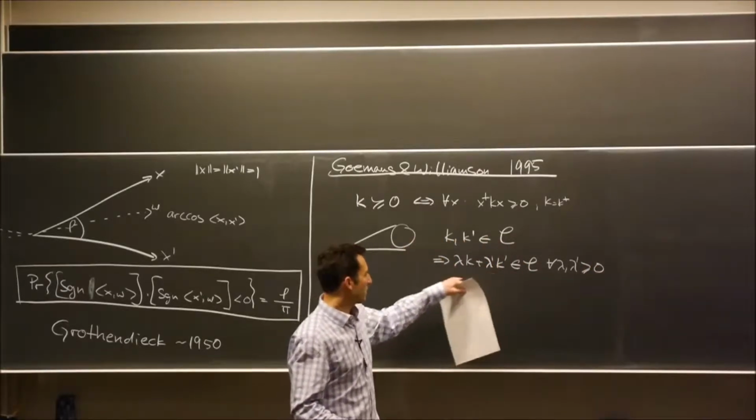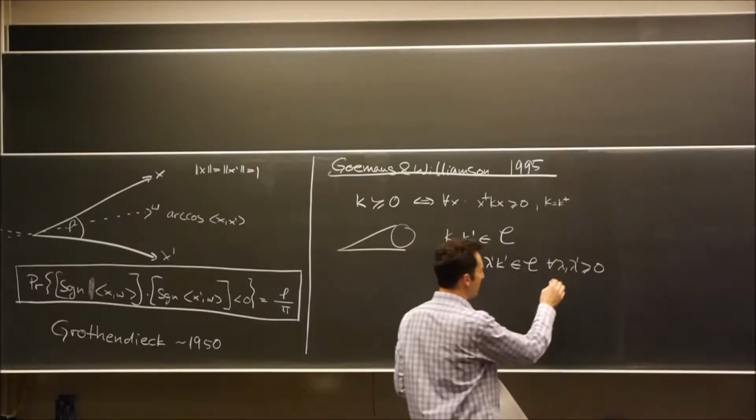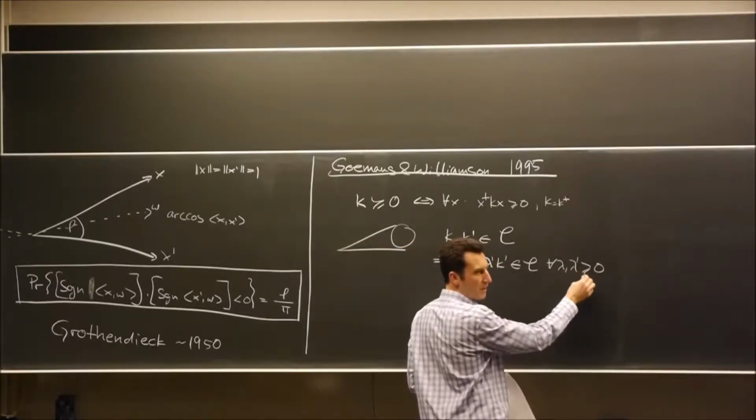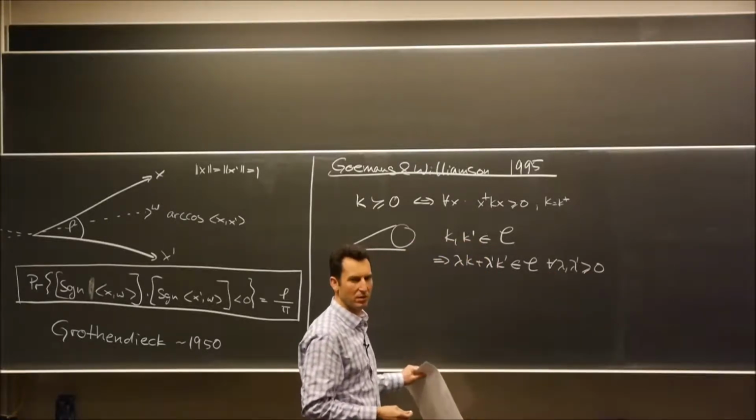So this is a slightly stronger condition than just convexity, which would have the requirement that lambda plus lambda prime equals 1. Here we just require that they are both non-negative.